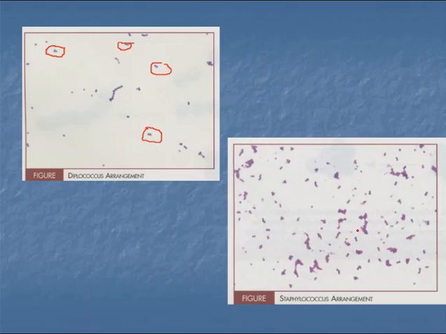And here again, you'll notice there are some that are broken loose, and some that are not connected to many, but the most prominent groupings of these are clusters. And they're spherical, so that's coccus. Clusters are staph, so staphylococcus.